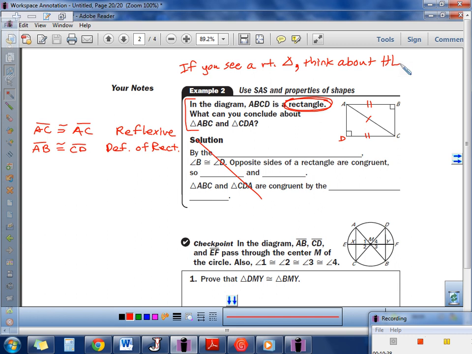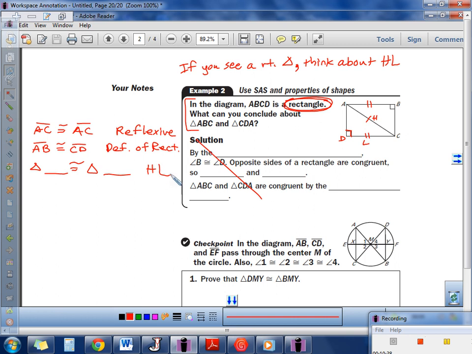To be HL, we must have a right angle, do we? Yes. There it is. And then we need a hypotenuse marked. Do we have that? Yep, there's the hypotenuse. And then do we have a leg marked? Yep. This is HL. These triangles are congruent due to HL.